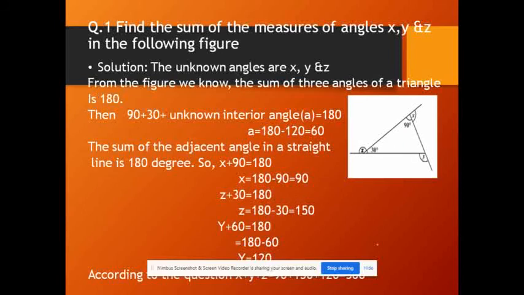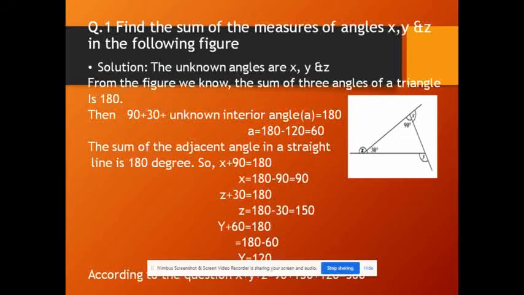This first question we are going to discuss with the help of those definitions and some angle properties. Find the sum of the measures of angles x, y, and z in the following figures. Look at the diagram.